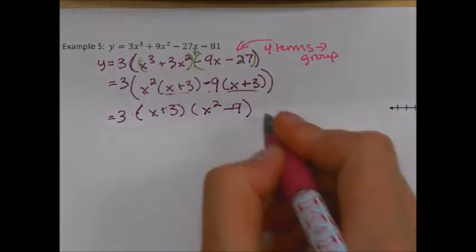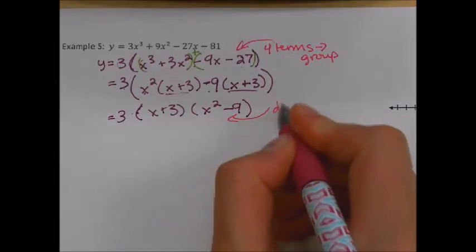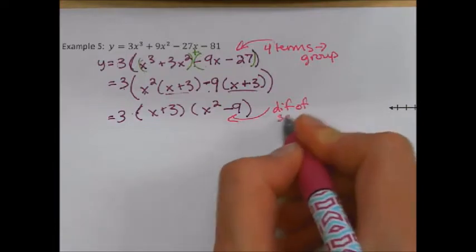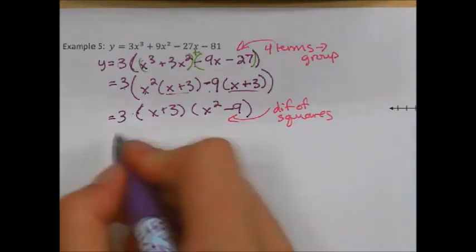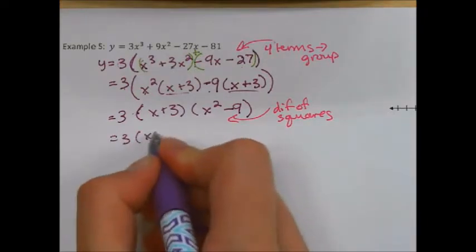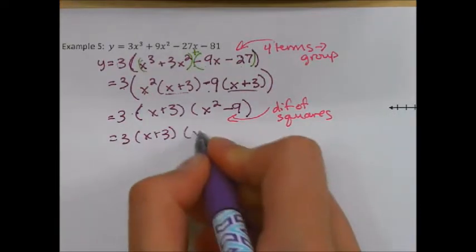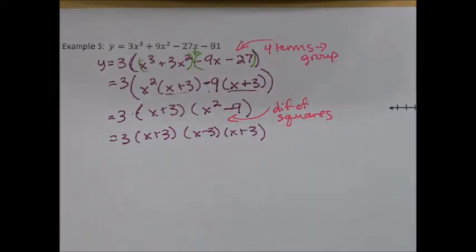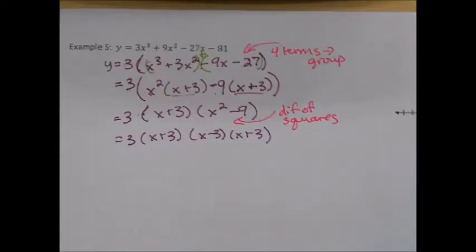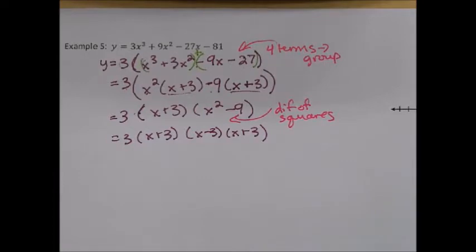I notice that this is a difference of squares, so I can keep going. Now, we factored it completely, but I might not want to write it out like this.